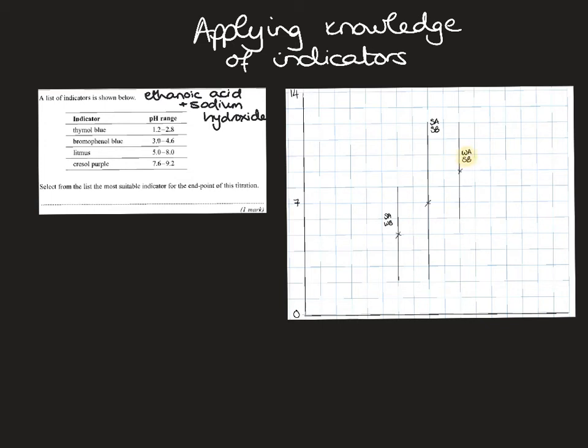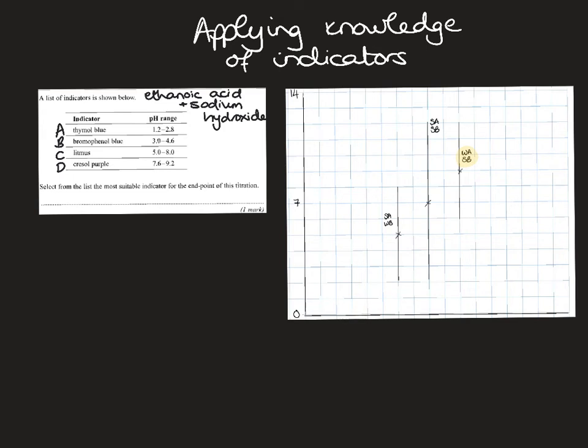I've just put the same diagram on as I put on before for convenience. So let's have a look at the indicators that we've got. So I'll label them A, B, C and D. It's not particularly complicated, this.